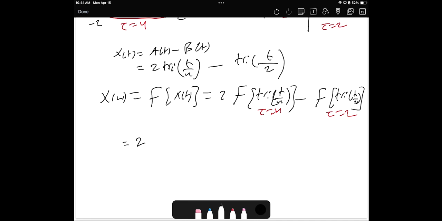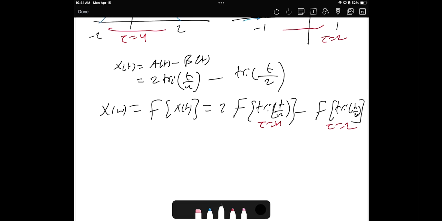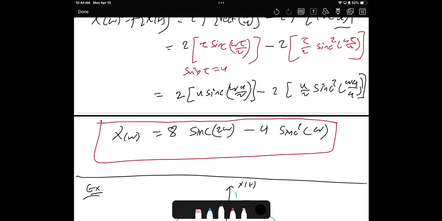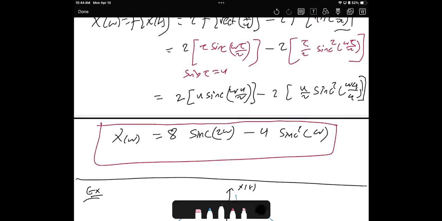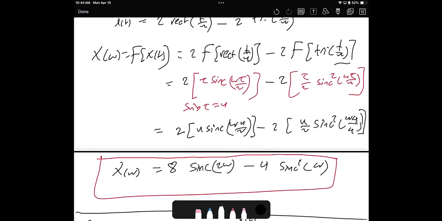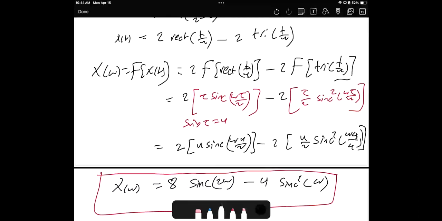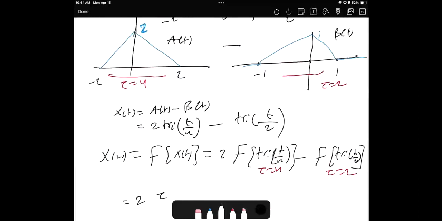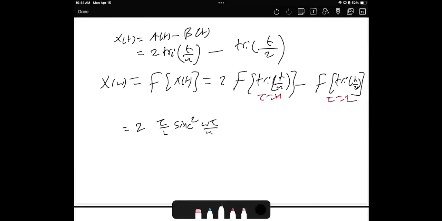It will be as 2, and what we know about the sinc, which is tau, tau sinc square of omega tau divided by 4.